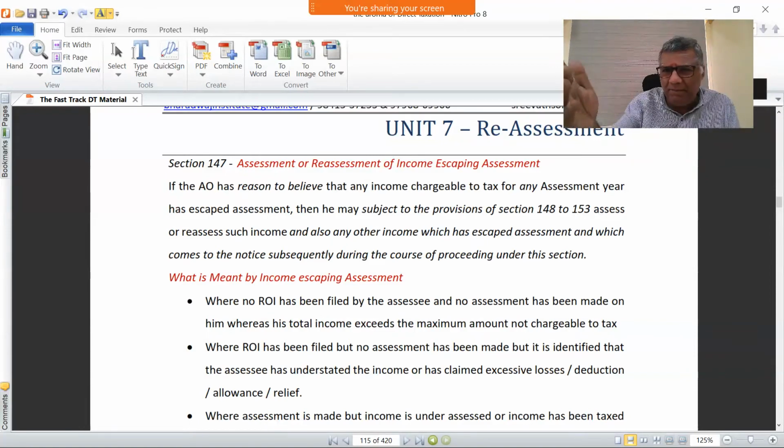For example, when the assessing officer is assessing the case of Rishabh, he comes across a transaction Rishabh had with me. I sold land and Rishabh purchased that land. The assessing officer accidentally looks at my record to know whether I have correctly paid my capital gains tax, and he understands that I have not disclosed it.